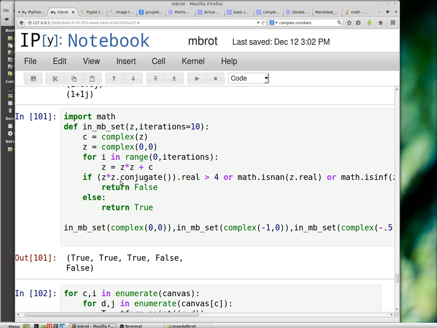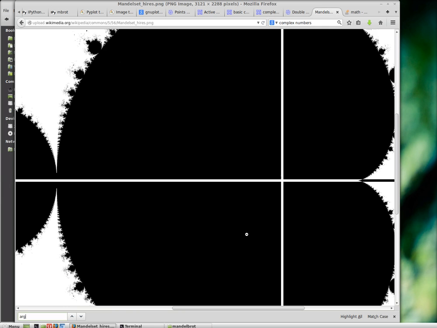And then you have to check to see if it's gone crazy. Here I'm taking the distance from the origin squared. So basically I'm looking to see if it's further than distance 2 from the origin. There are other plausible, probably more efficient things you could do here.